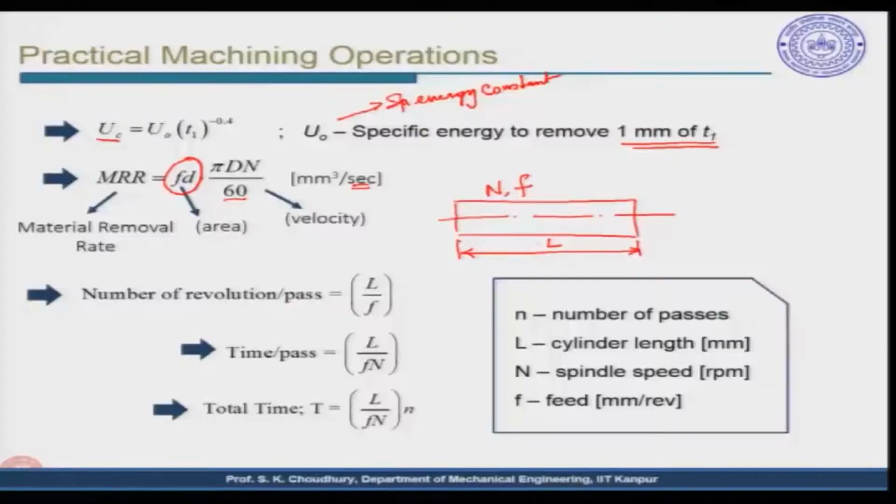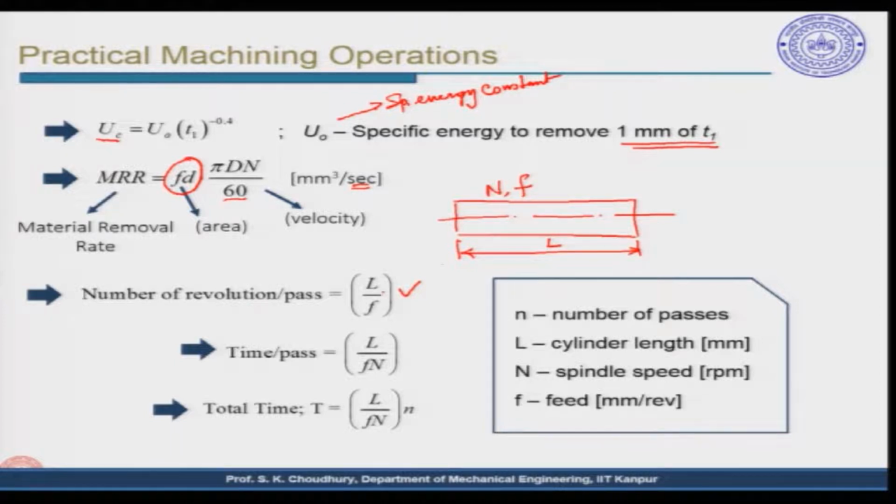That is called one pass. There may be several passes for getting the final depth of cut removed. So, number of revolutions per pass will be dependent on the L and the feed F that we are using. So, it will be given by L divided by F.